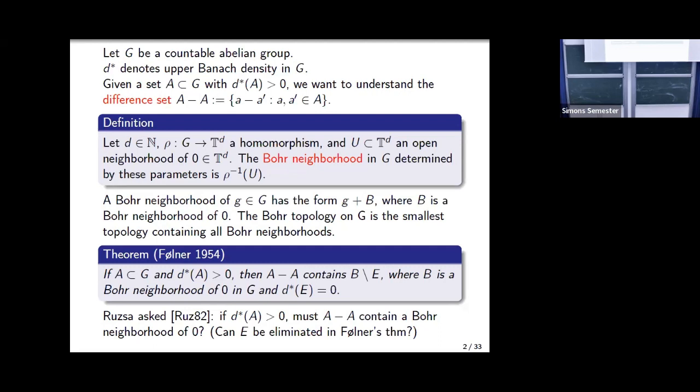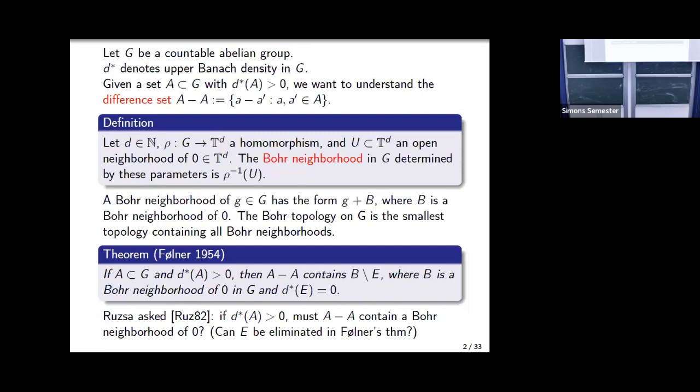And it would be great if you could eliminate the exceptional set, because it's so easy to compute with Bohr sets. If you could eliminate that exceptional set, you would basically know everything about difference sets of positive density. Ruzsa asked this question explicitly, but I think the question was around before then too.